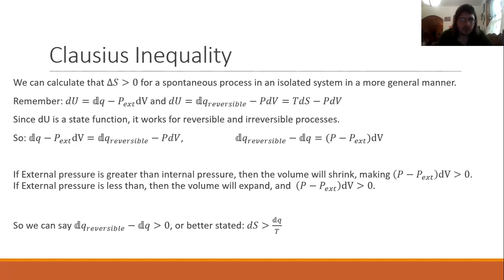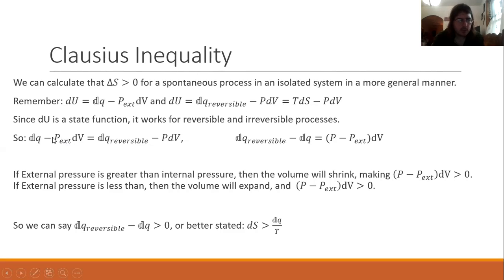Remembering that dU can be split into dQ minus P dV, for a reversible system we have dQ reversible minus P dV equals T dS minus P dV, because Q reversible over T is equal to dS. So we set those two equal. This is for a reversible system, and the first one is for a non-reversible system.